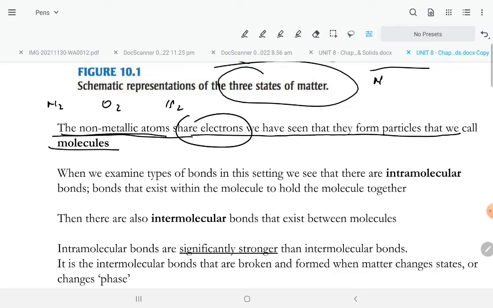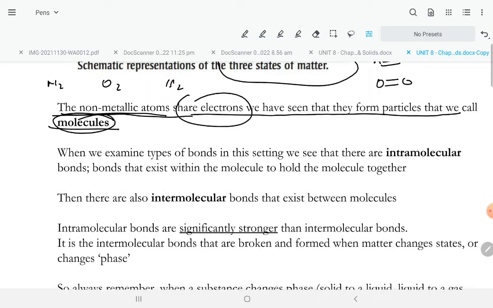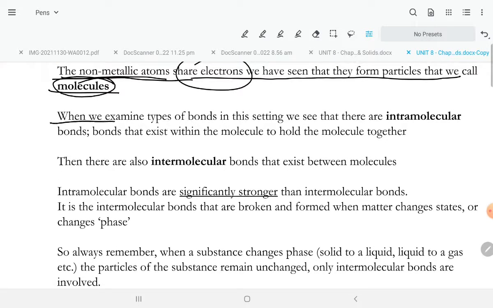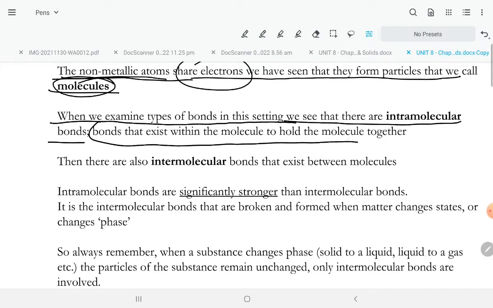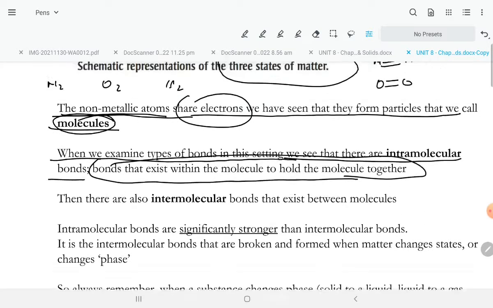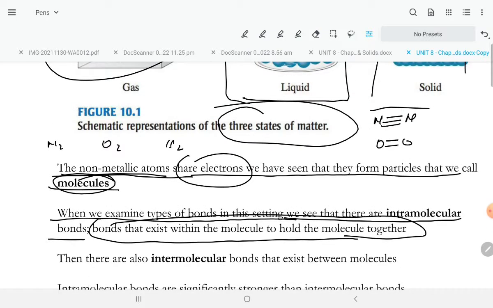So suppose nitrogen is there, they will share the electron; oxygen will share the electron, and form the molecule. When we examine the type of bond in this setting, we see that there are intramolecular bonds that exist within the molecule to hold the atoms together. So you now understand this is the atomic bond.